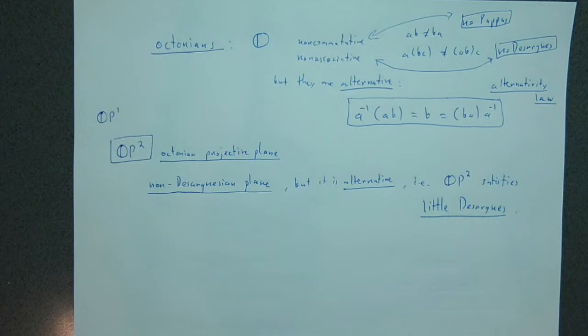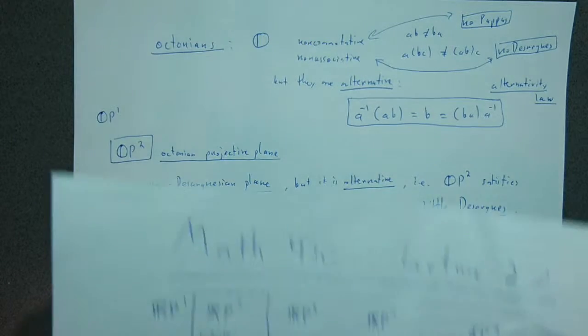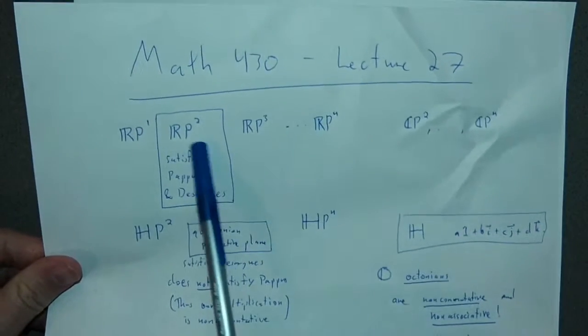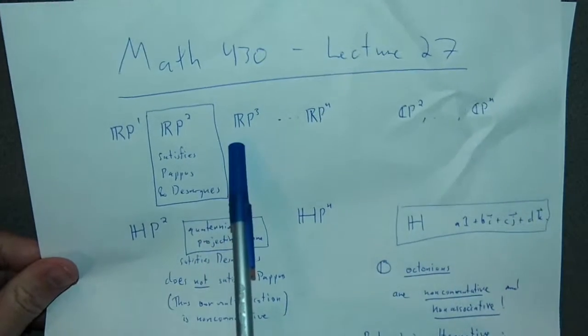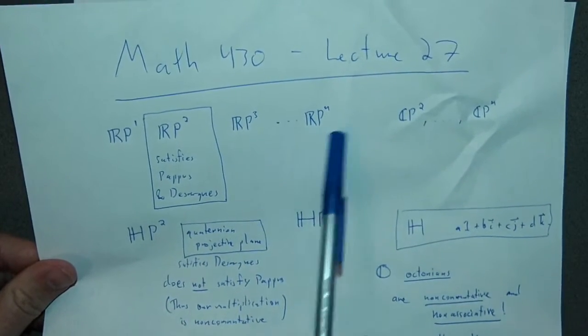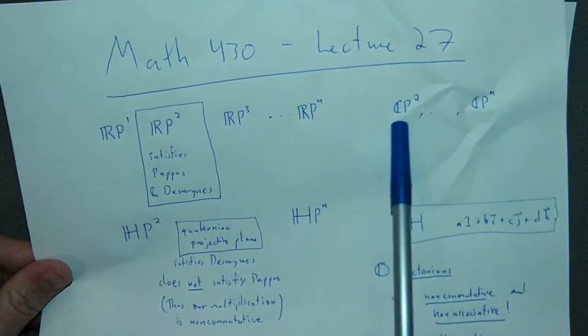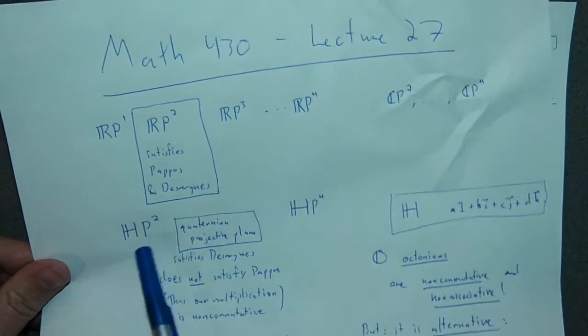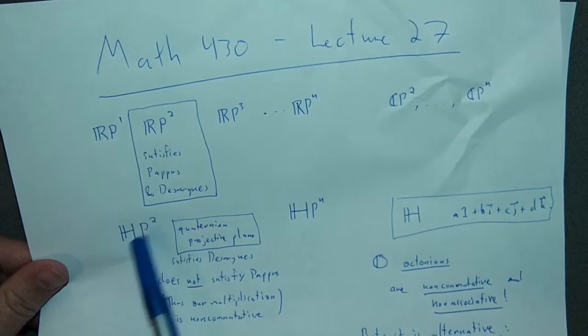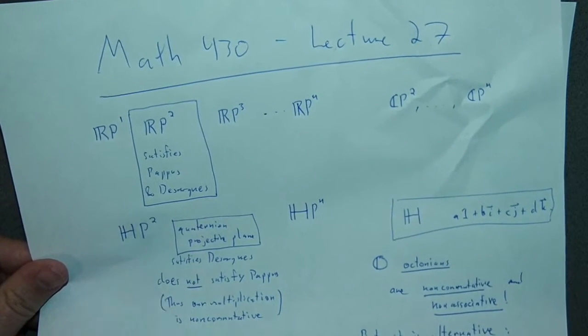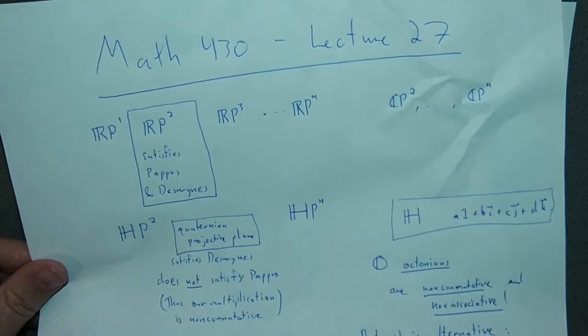Now, just to quickly remind you, for all of those other constructions, we could start with RP2, we could construct RP3 and RP in any projective spaces we wanted to. We could do the same thing with the complex numbers. We could have CP2 all the way to CPN. We could even do it with the Quaternions. Even though the Quaternions aren't a field, we could construct HP2, which was a non-Pappian plane.